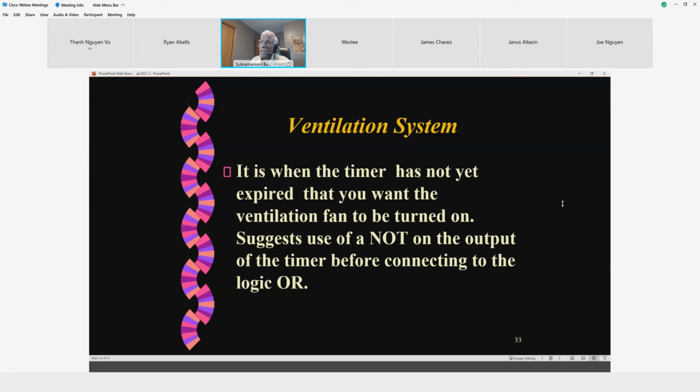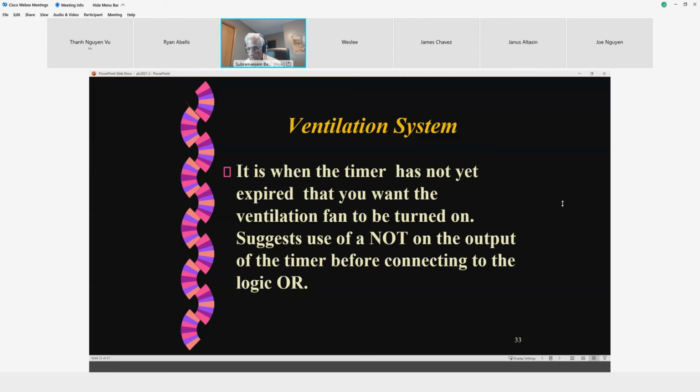So the next slide says, only when the output timer has not expired, you want the fan to do its job. Only when the timer has not yet expired. There is a logic NOT involved on the output of the timer.